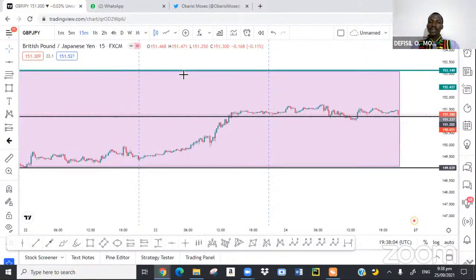We can either say this is a range, or we will say that this market is trading sideways on the 15 minutes time frame. Either it's ranging or it's trading sideways. That's what we can possibly see.